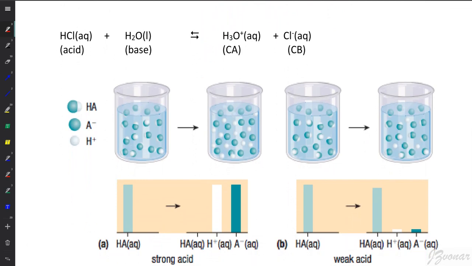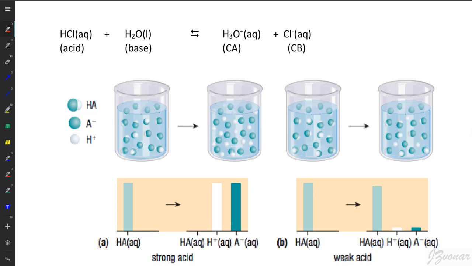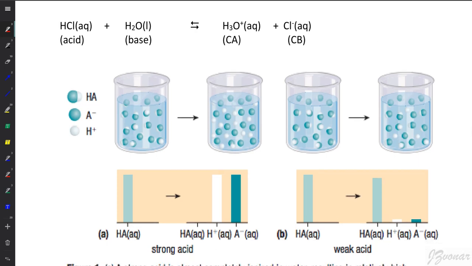For a strong acid, as soon as I put the HCl in water, all of it is going to dissociate, leaving me with all of these white molecules, which are my hydrogen ions in solution. This is 100% dissociation. As soon as it's put in water, it dissociates 100%.